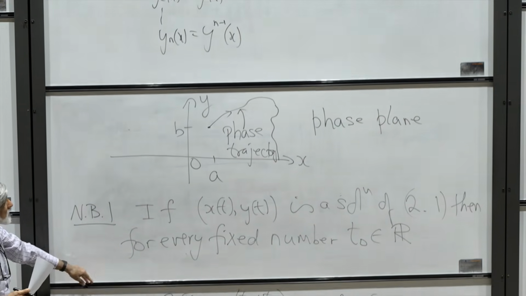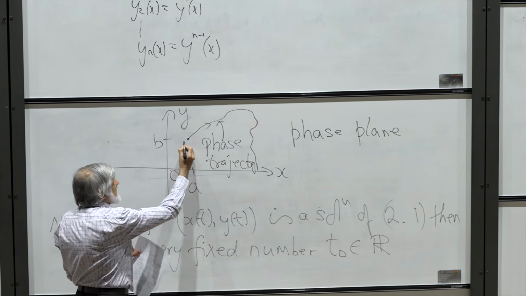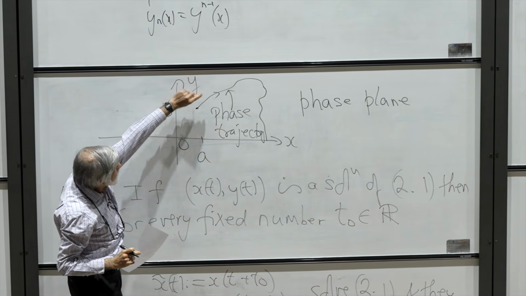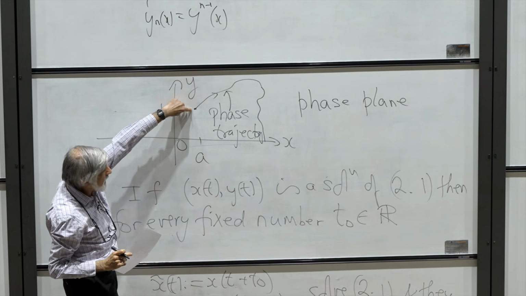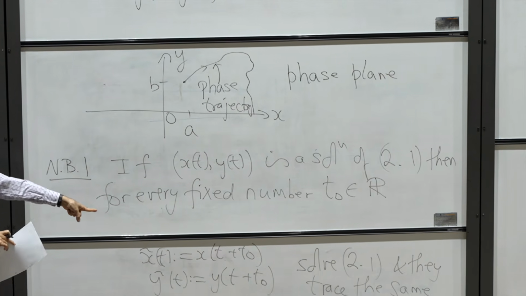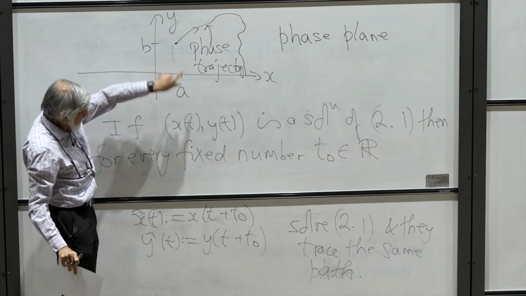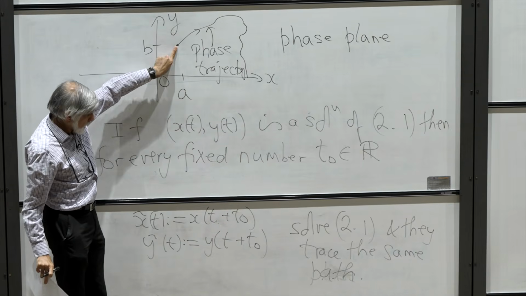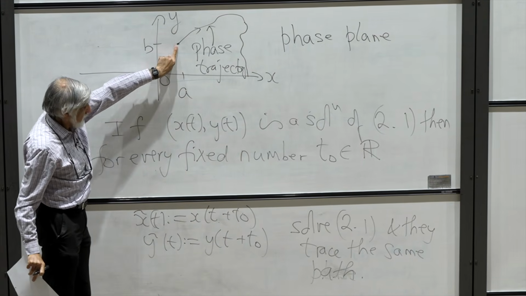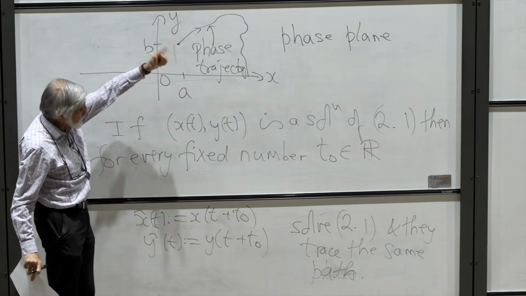What that means is that here we had this solution here. So if we were now to define another function, so for example, this is x of naught, y of naught, and then suppose we took t naught to be 1.